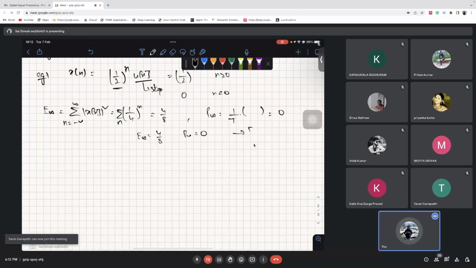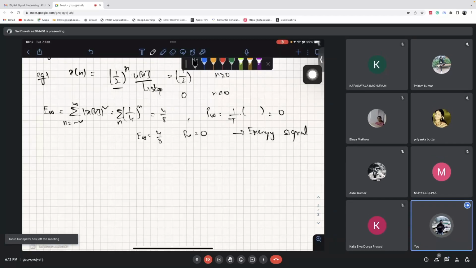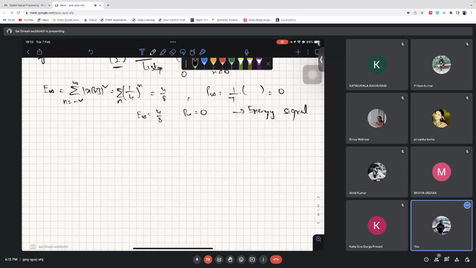This is the energy signal that we have, right? I suppose you got an intuition of energy signals and power signals. Now let's talk about some properties of signals, or how we deal with signals. Let's go through a few of them.